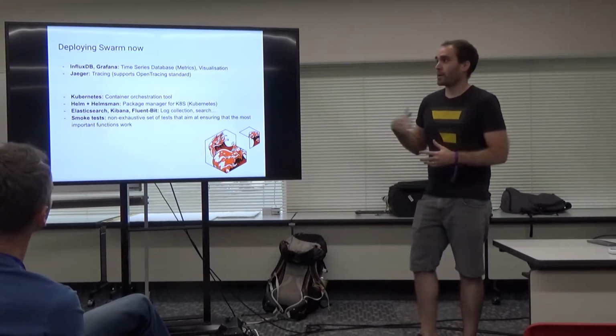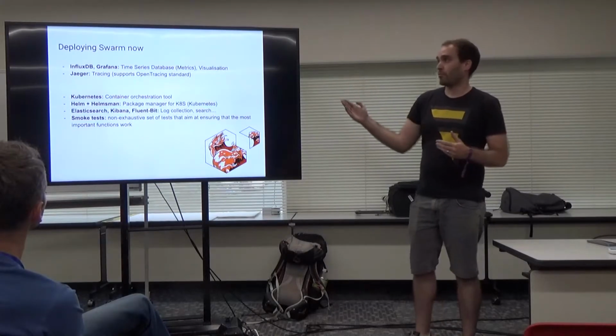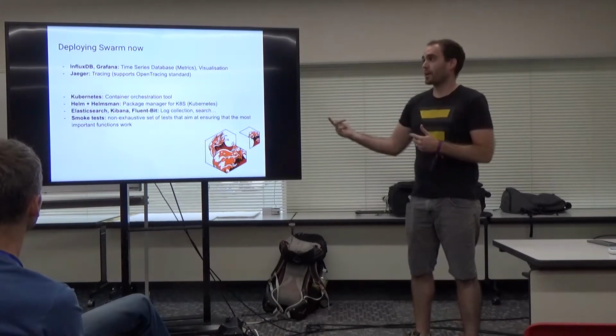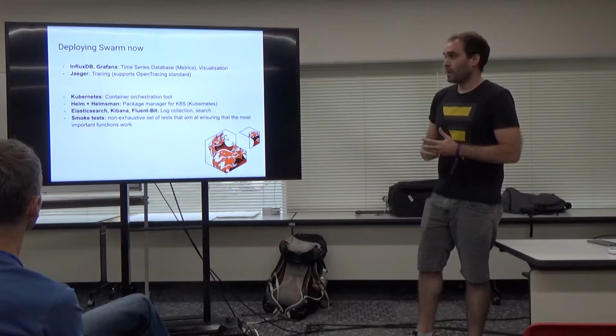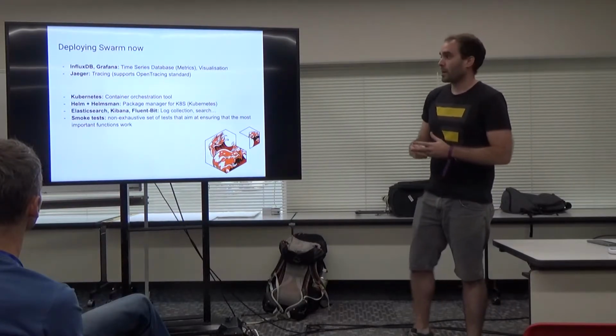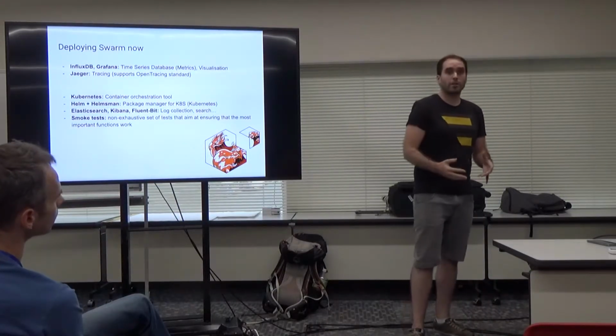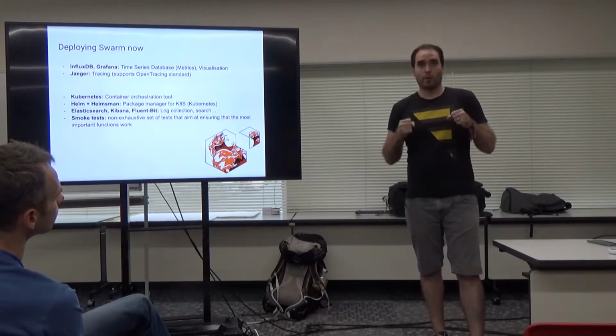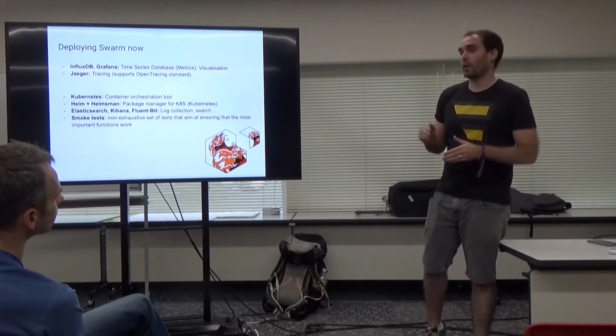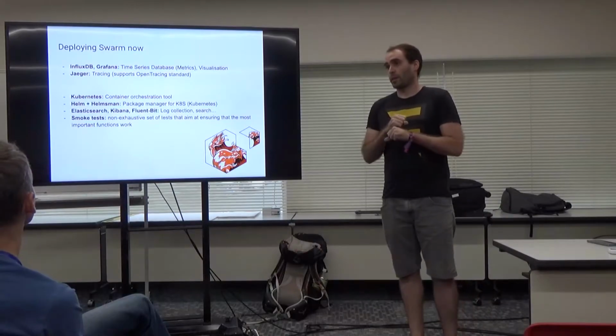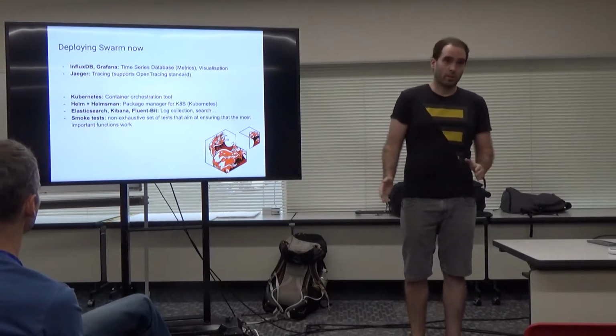This means the metric stack, like InfluxDB and Grafana, the tracing stack with Jaeger, and also the logging stack. It's all in one chart. So it's really one single application that you deploy and configure, and you will get everything out of the box on your cluster.